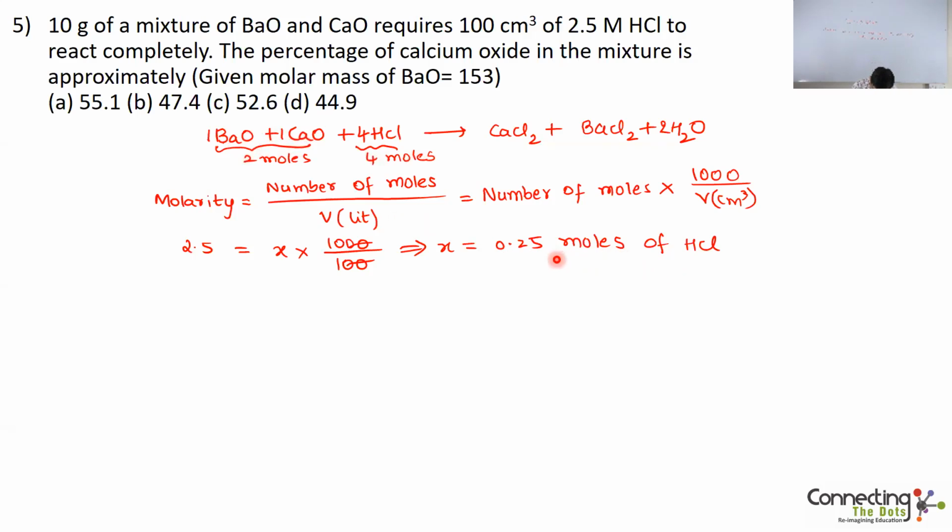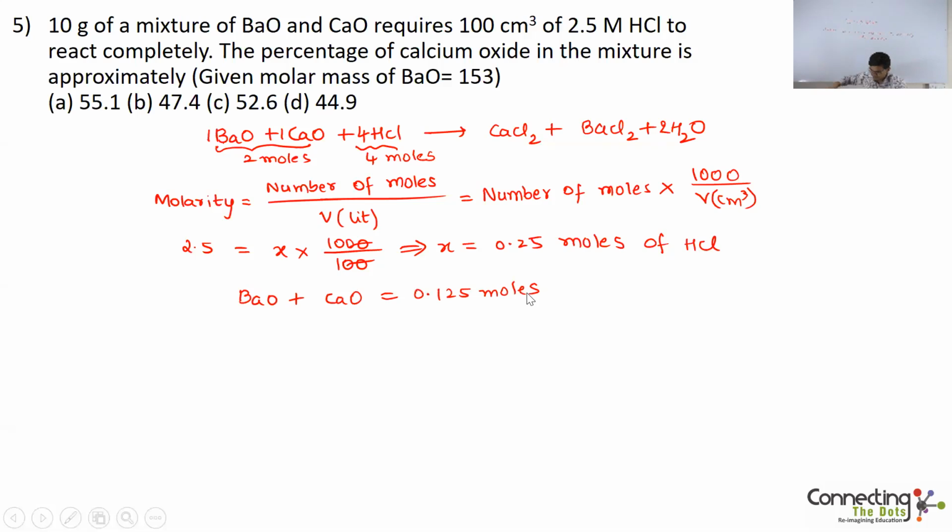So the total number of moles of barium oxide and calcium oxide is half of 0.25, which is 0.125. So barium oxide and calcium oxide together, the number of moles will be 0.125 moles.